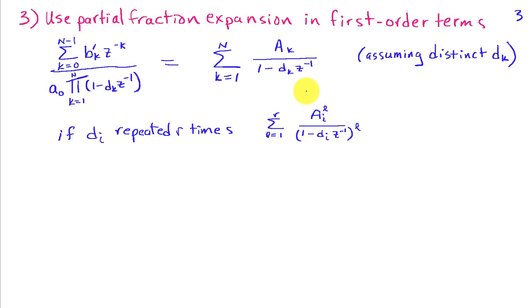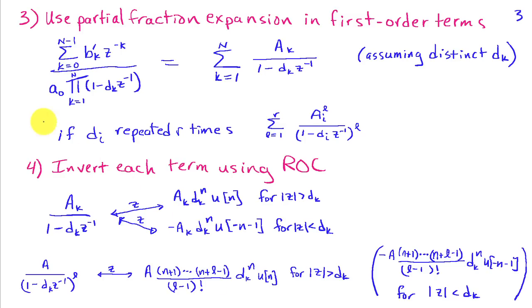Once I've expressed my original term after long division as a sum of first order terms, it's a simple matter to do the inversion, because each of these first order terms we know how to invert.